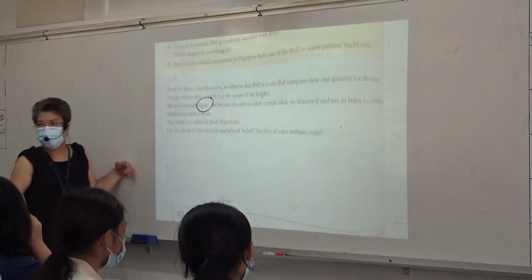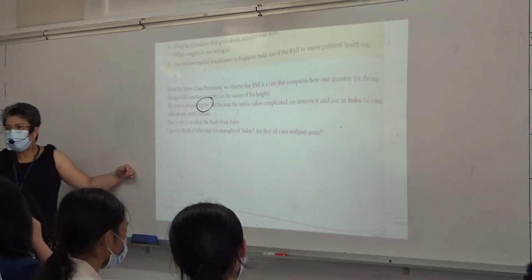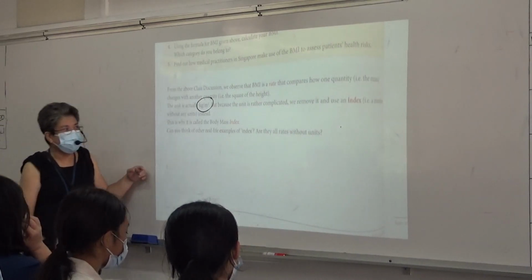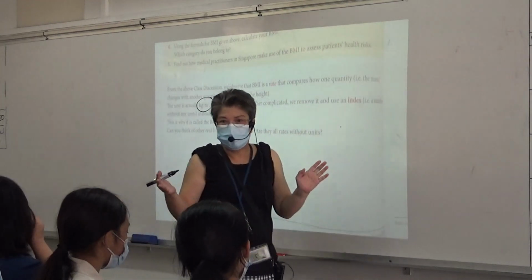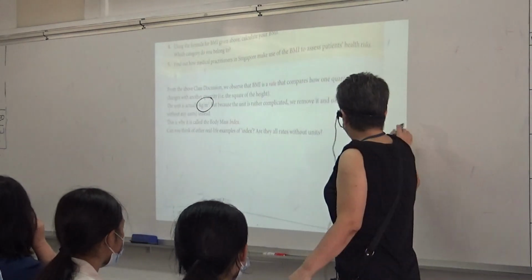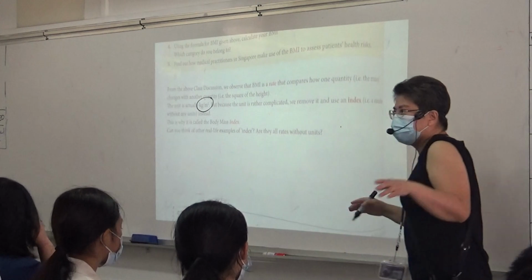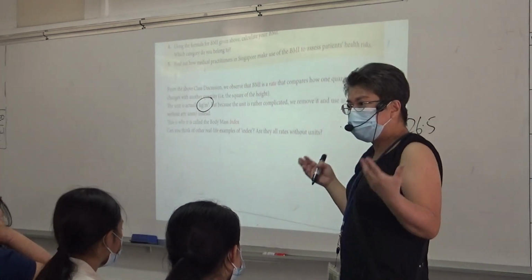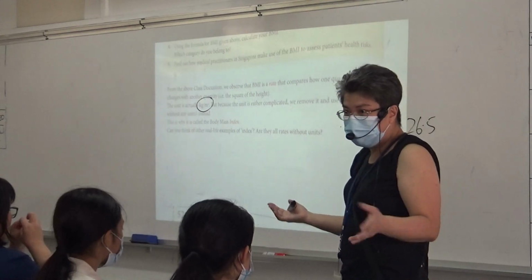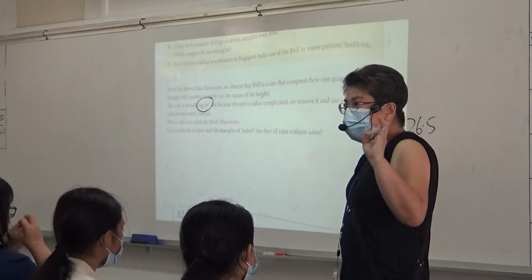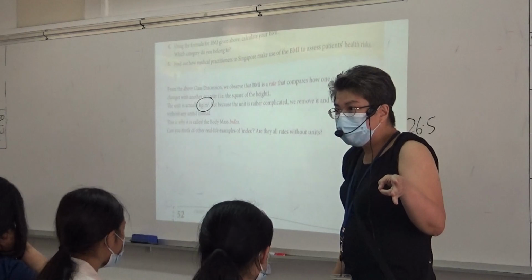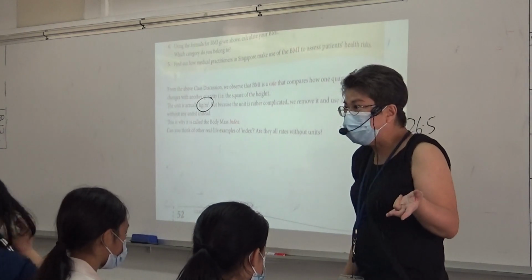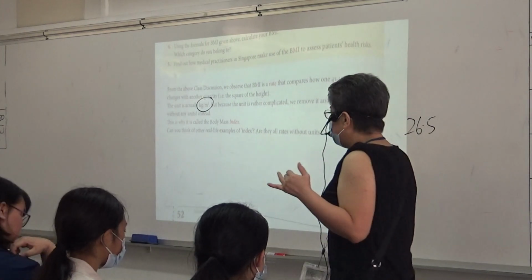Kilogram per what? Meter square. But people find it very troublesome, so they just use a BMI index. Understand? For example, if I have 26.5, that means it's 26.5 kilogram per meter square, but usually we don't use the units. They'll just give you the number. So it's an index. Understand? A lot of things are based on index nowadays. So just for information.